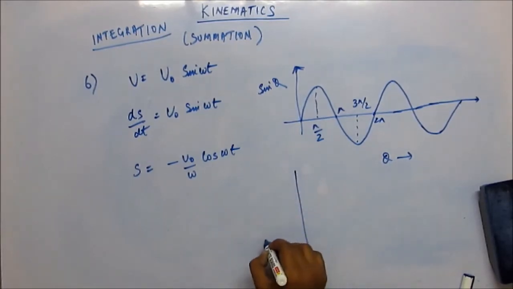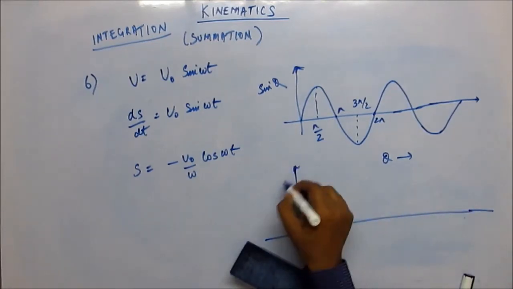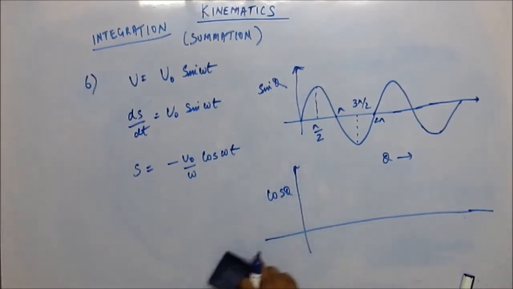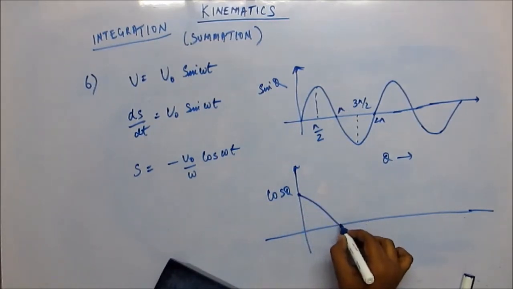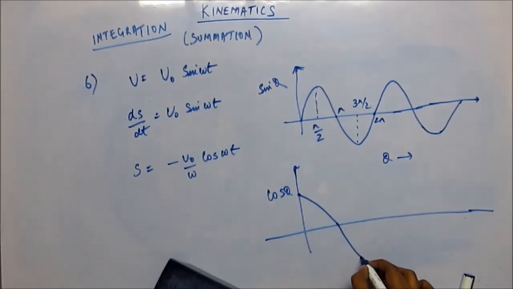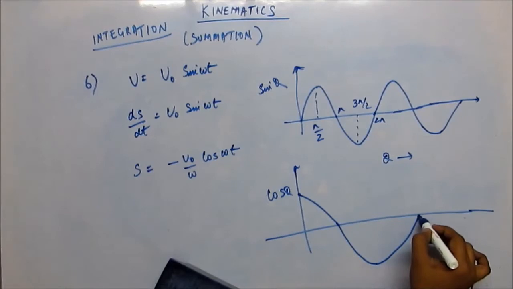Let's see the curve of cos. Cos 0 is 1. If you are plotting cos theta, when theta is 0, cos is 1. Then at 90 degree, which is pi by 2, it becomes 0. And then it becomes minus 1 at 180 degree, which is pi. And then at 270 degree, which is 3 pi by 2, it becomes 0 again.